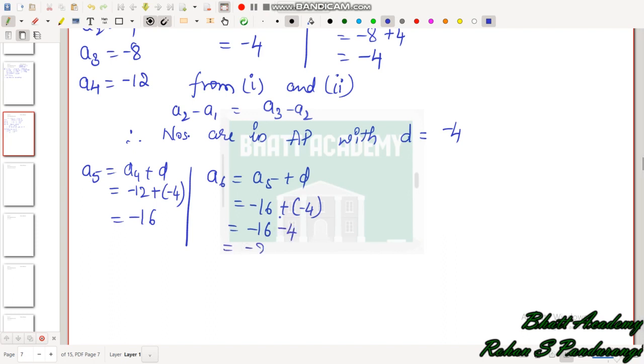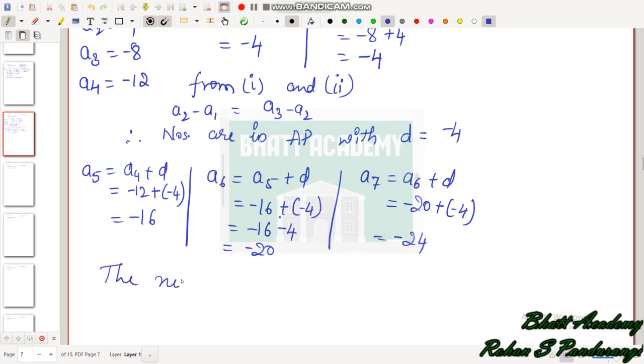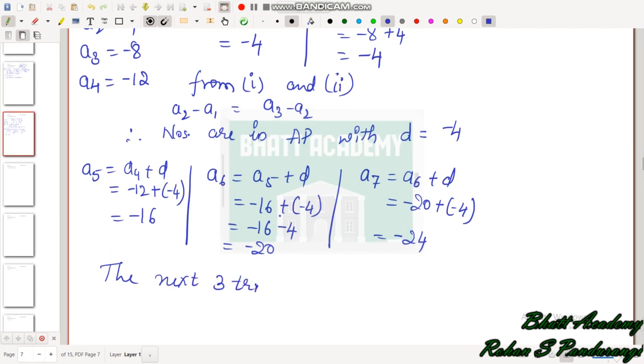Minus 16 minus 4 is minus 20. And lastly A7, that is A6 plus D andre minus 20 plus minus 4, that is minus 24. So the next 3 terms of AP are minus 16, minus 20 and minus 24.